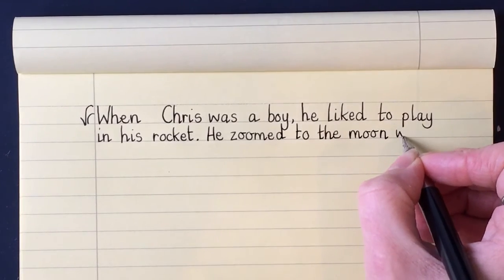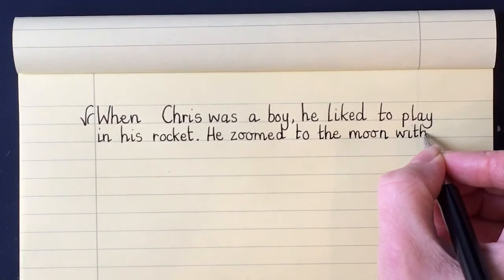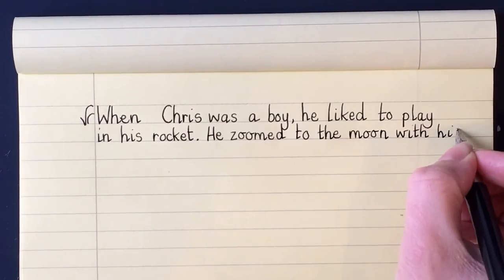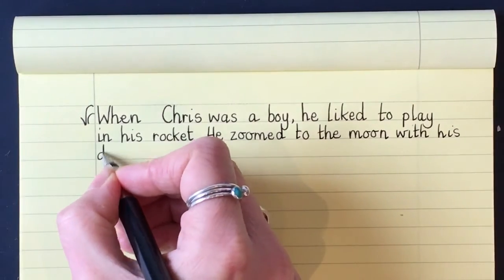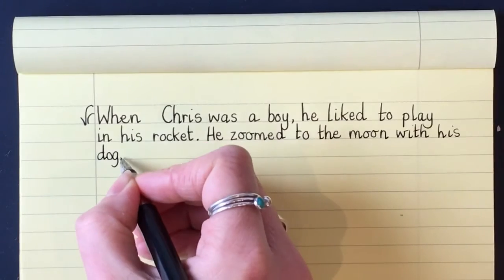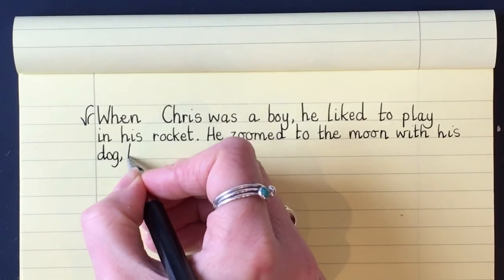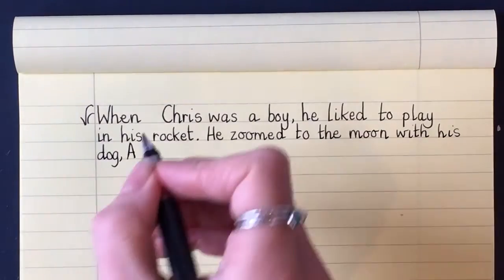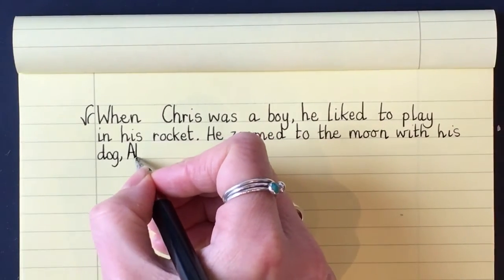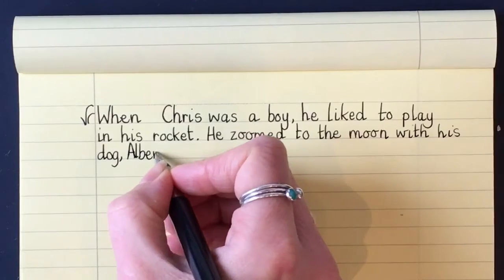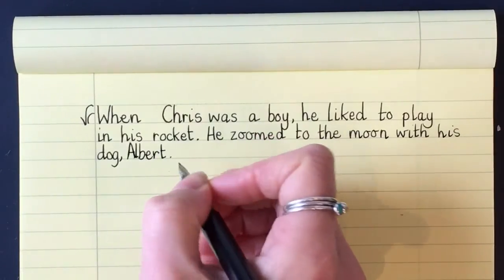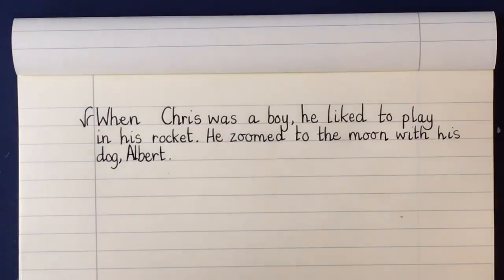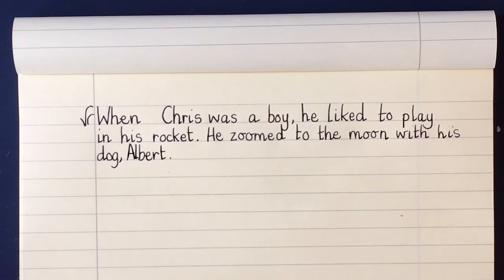With his dog. Do you remember what the dog was called? Albert, that's right. His dog. Does Albert need a capital letter? Yes, why? Because it's his name, that's right. Albert. Full stop. Right, it's always a good idea to read your sentence through and make sure it makes sense and you've got everything you need.